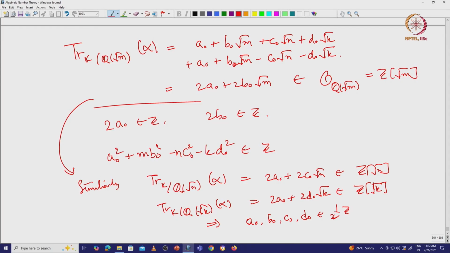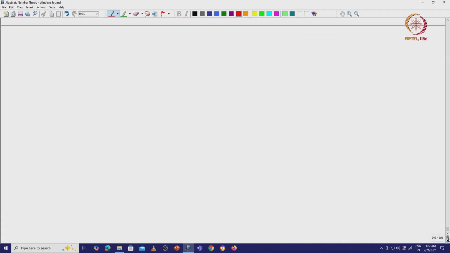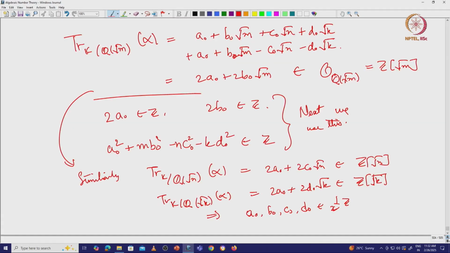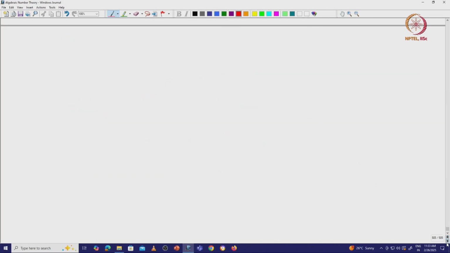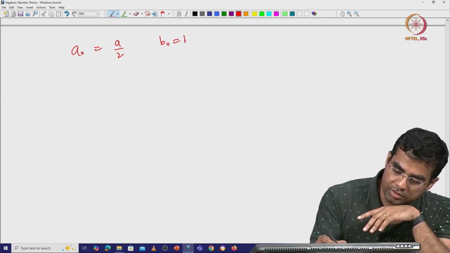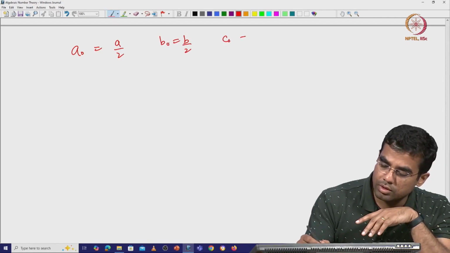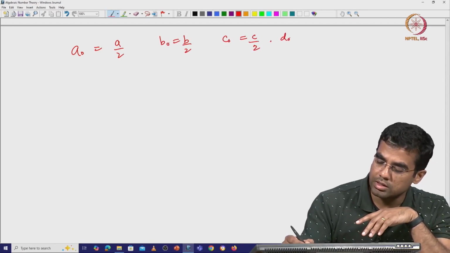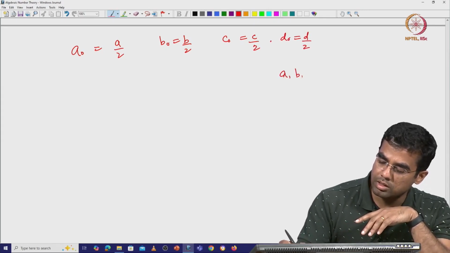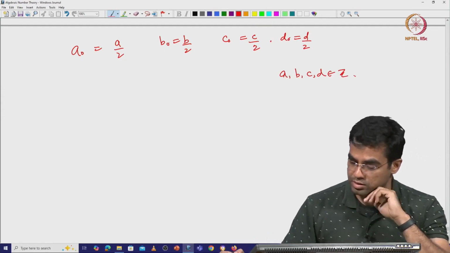Next we will use this. Okay. So, what do we get from this? Let me now write it as follows. a0 is a by 2, b0 is b by 2, c0 is c by 2 and d0 is d by 2, where a, b, c and d are integers, right.